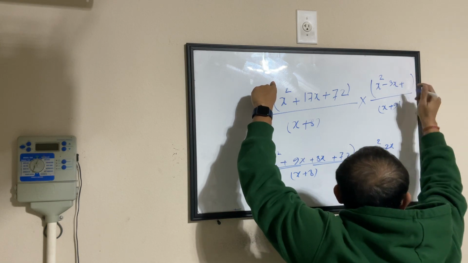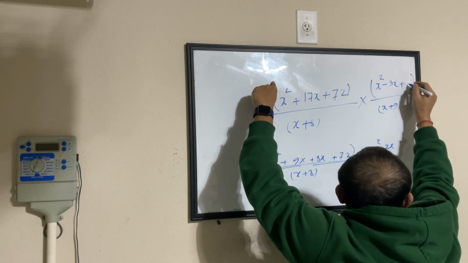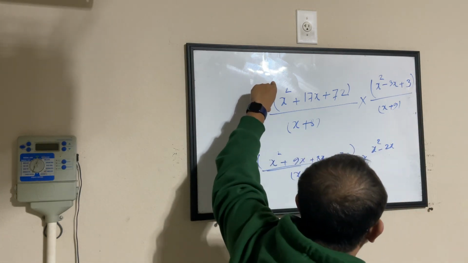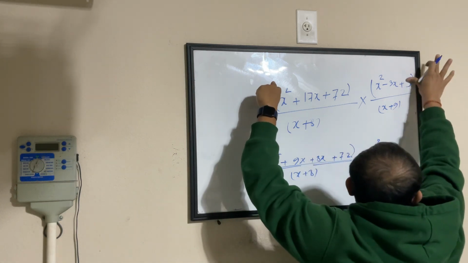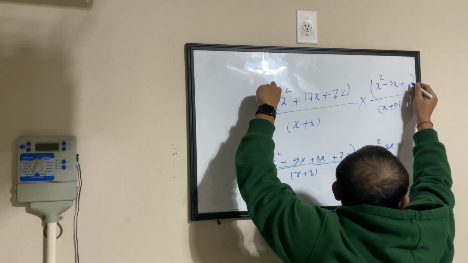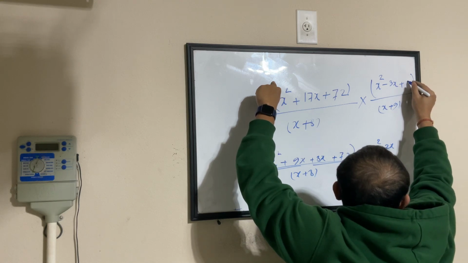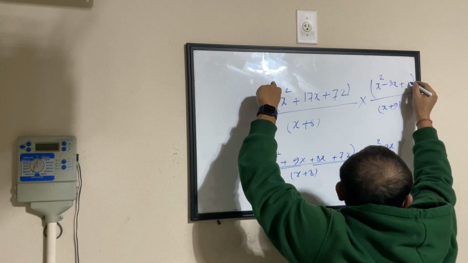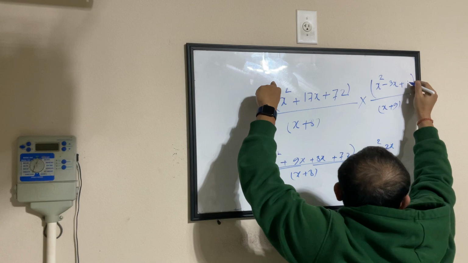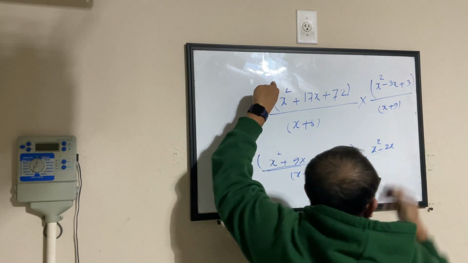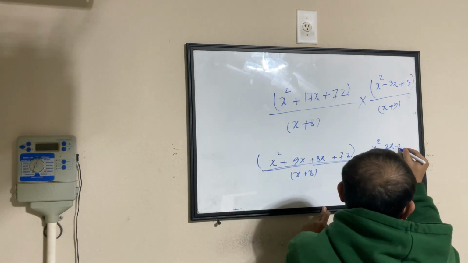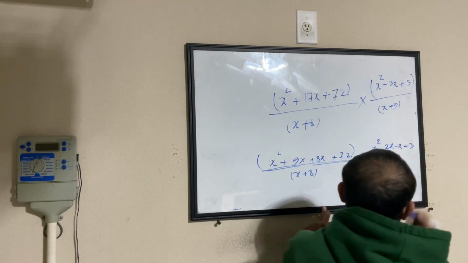So let's say, no, this will not be correct. 4 will not work. Let's say 3, that will work. It will become x squared minus 2x minus x plus 3.